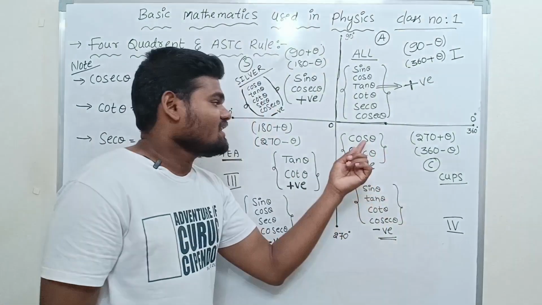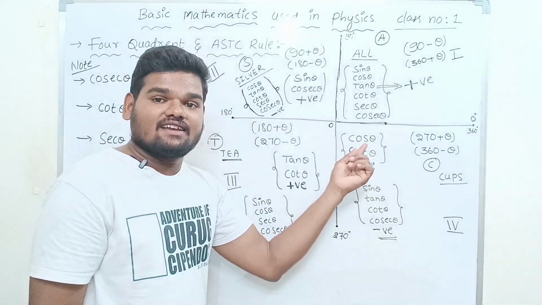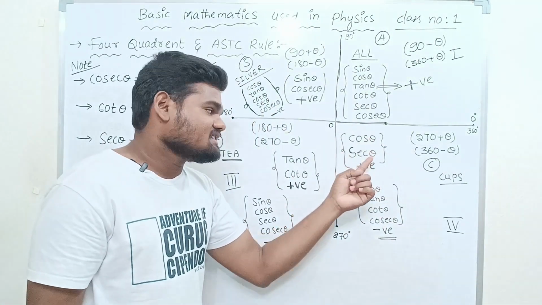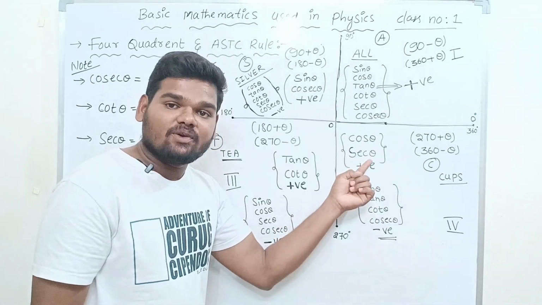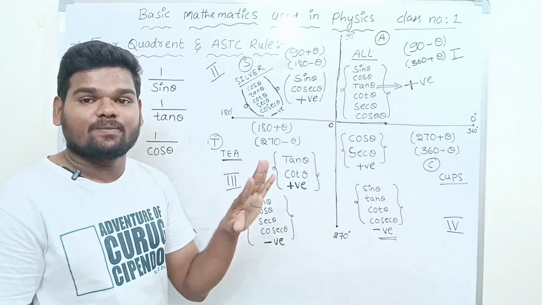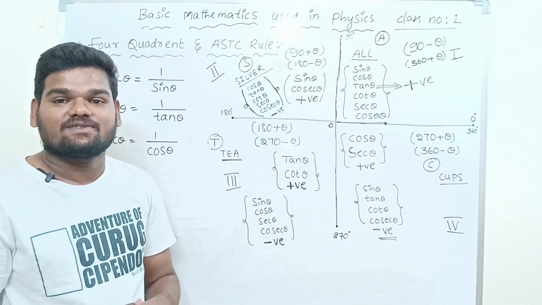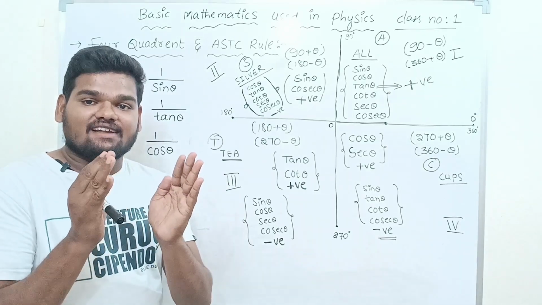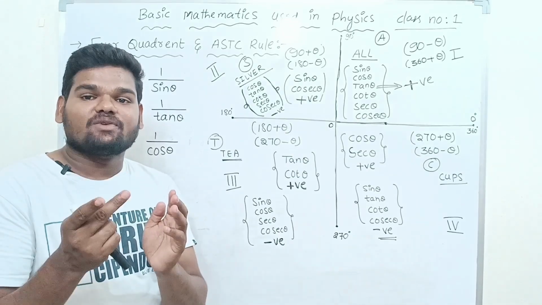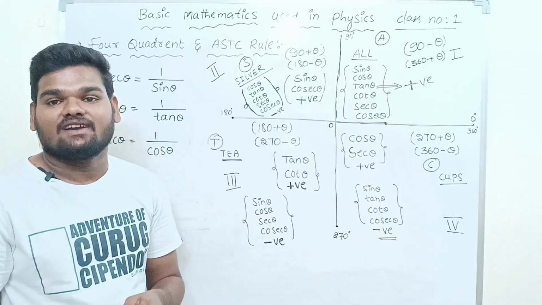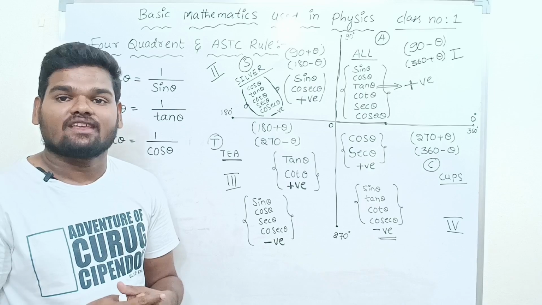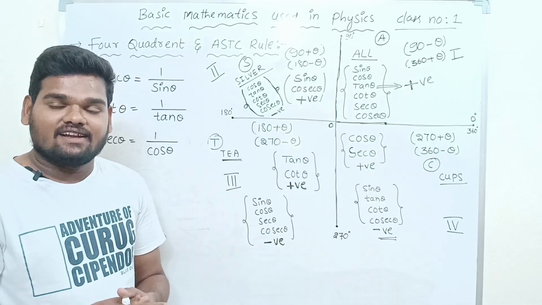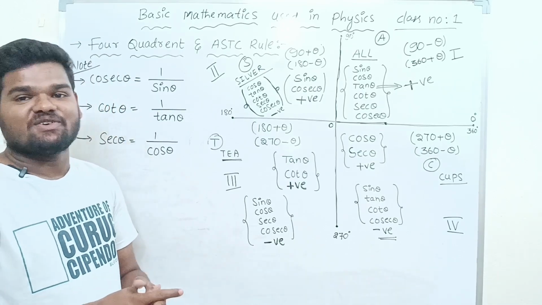Come to here, the reciprocal of cos theta gives sec theta, and the reciprocal of sec theta gives cos theta. So this is a small concept. The trigonometric functions that lie in the same quadrant, their reciprocal gives another trigonometric function. Is it clear? Are you getting? Okay, very good.